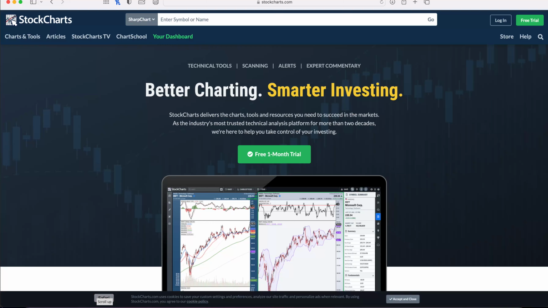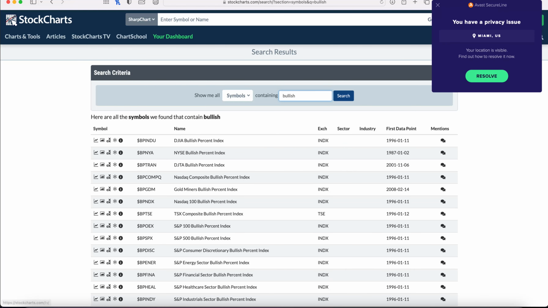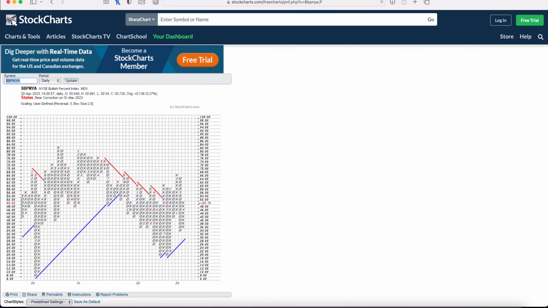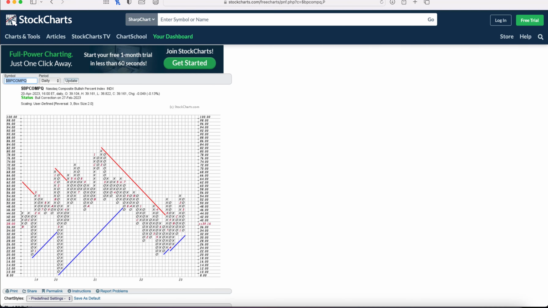So, and on we go. Looking at stockcharts.com, let's look under the hood. The NYA is up a little today, very little. The NASDAQ down a little today, very little.